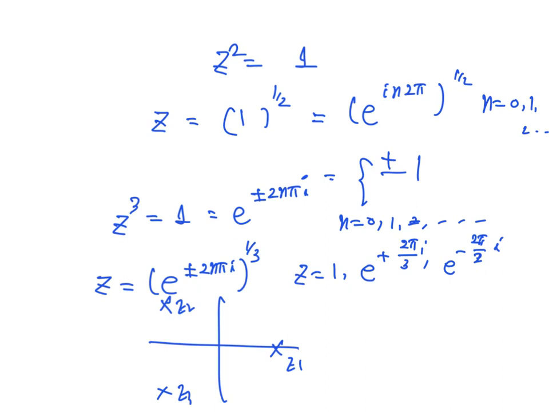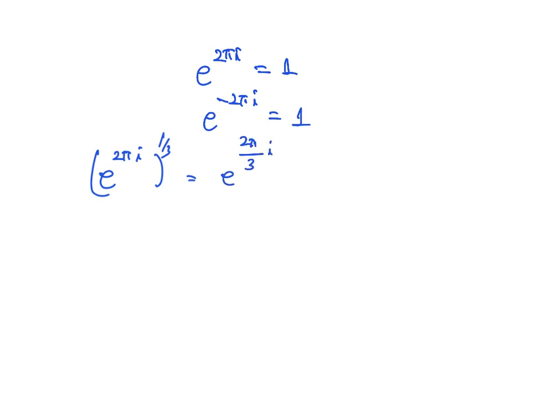And then if you take the power of a rational number, say we have exponential 2 pi i, which is basically 1, right? You have exponential minus 2 pi i, which is also basically 1. But if you take a power of 1/3, then what do you get? Exponential 2 pi i to the 1/3 is exponential 2 pi i over 3, right?